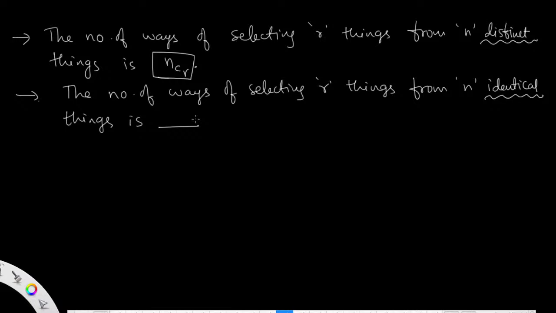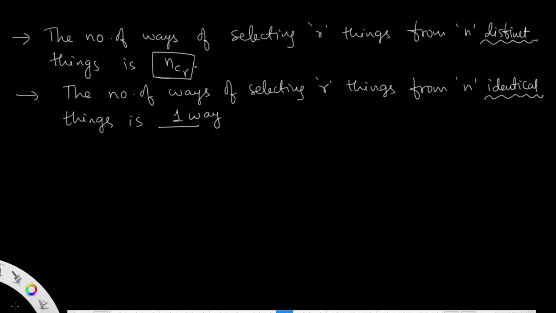If there are n identical things, we can select in only one way. All are similar, and all being similar means we can select in only one way. Okay, this is the concept.